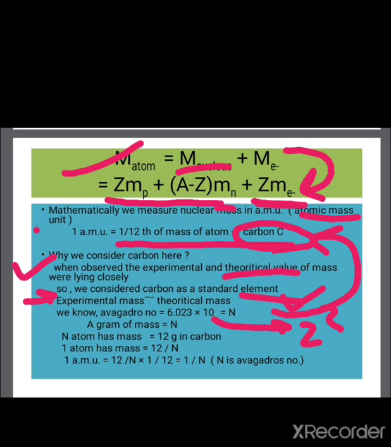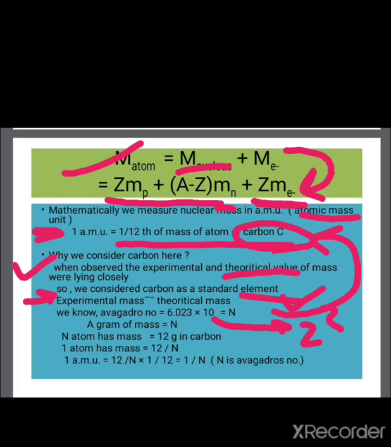And if we have to talk about a gram of mass, so N atoms, that's Avogadro's number, have mass 12 gram in carbon. If we are talking about carbon, so one atom will have 12 by N. And in the above equation, I said that 1 AMU is equal to 1 by 12th of the mass of carbon.